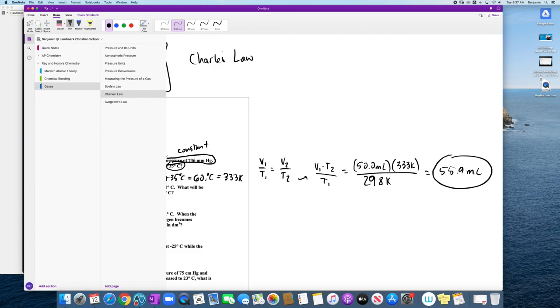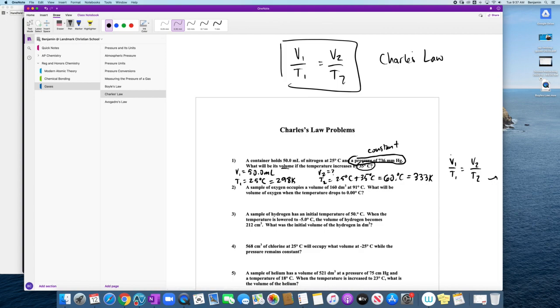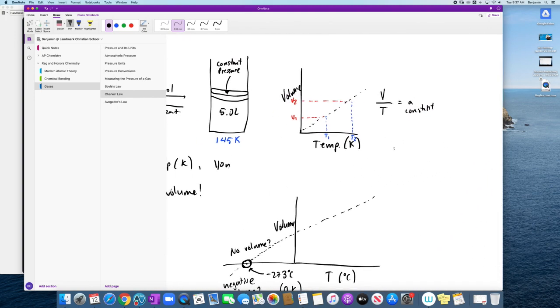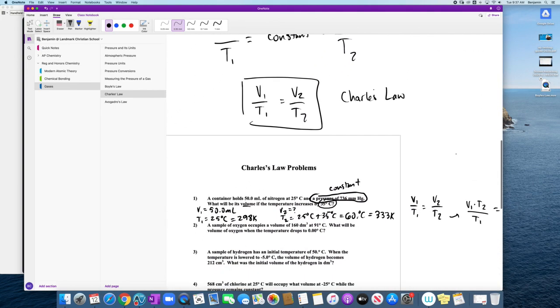So those are the Charles' law problems. This is called a directly proportional relationship, by the way. Directly proportional relationship. What that means is, as temperature goes up on the Kelvin scale, as we change that temperature, the volume goes up as well.